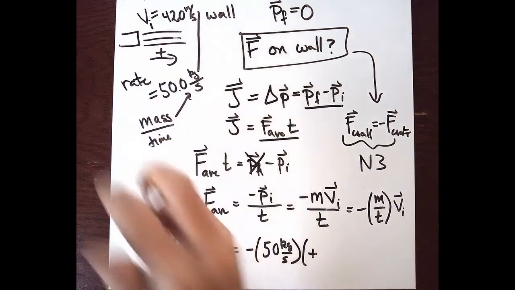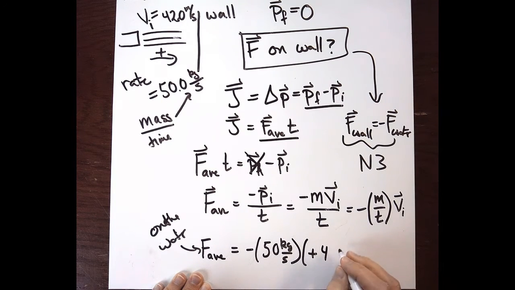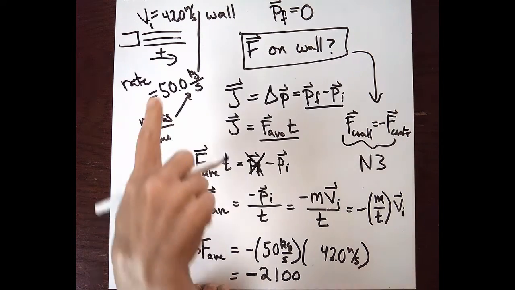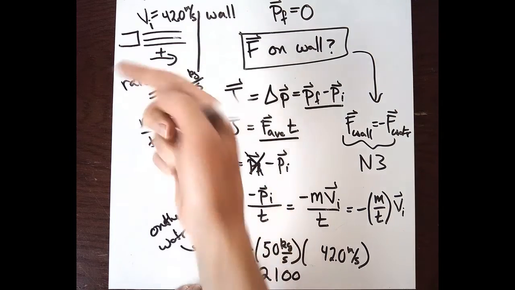It is headed off in what we've called the positive direction, so it's positive 42 meters per second. And 50 times 42 is 2100. Negative, and that's a positive, but we're multiplying, so the sign of the velocity doesn't matter here. So this guy is negative, meaning that it's pointing in the negative direction.